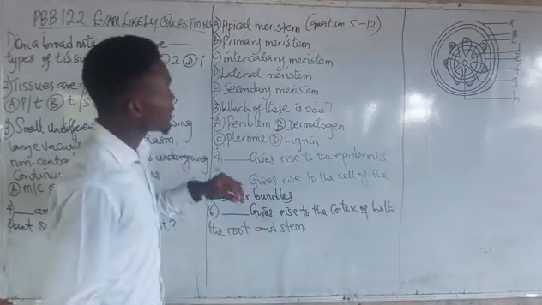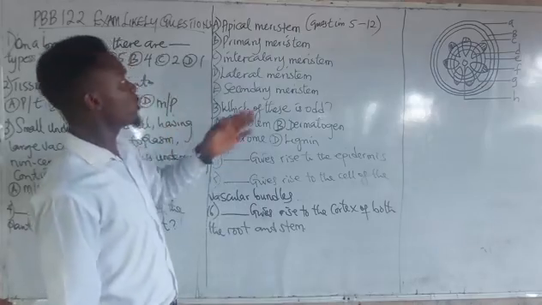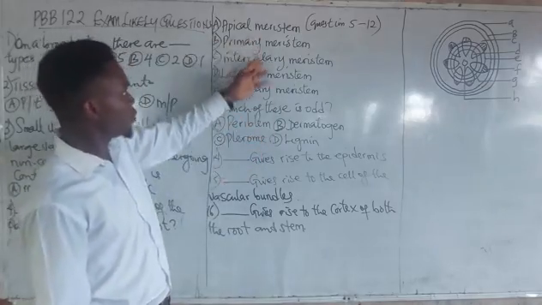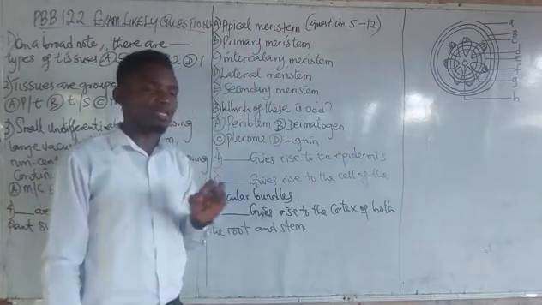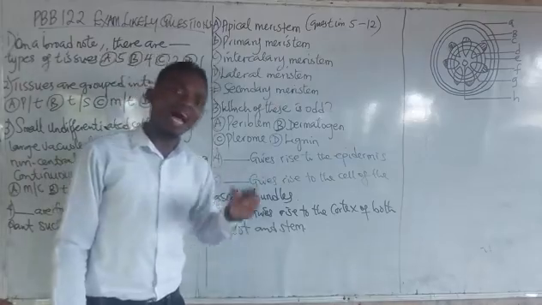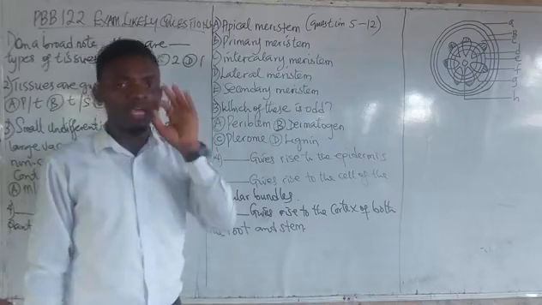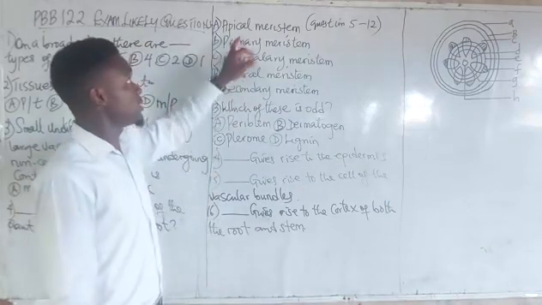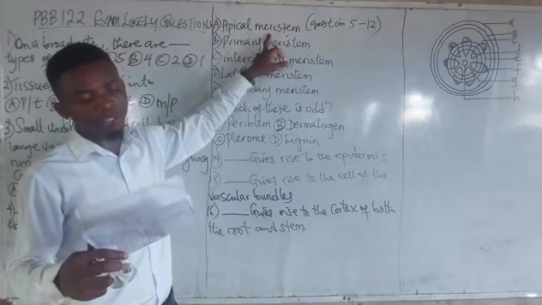They are all associated with which of these? Is it the apical, the primary, the intercalary, the lateral, or secondary? I explained just now that the pleroma, dermatogene, and the periblem are specialized cells associated with the apical meristem. Okay, so please take note of that. It is very, very important.